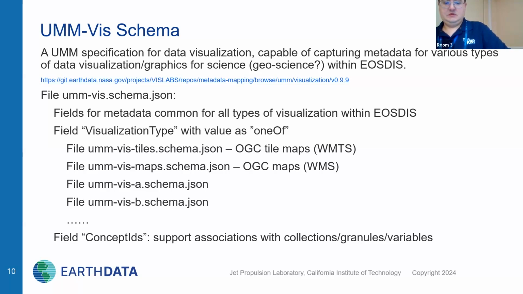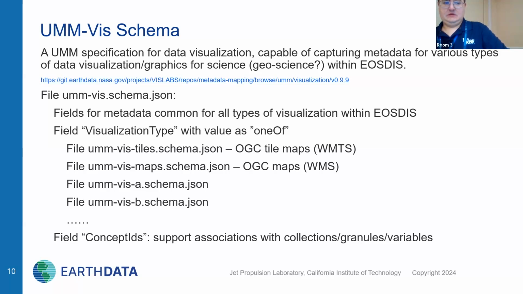And also in this top level, we have a particular field called visualization type. It's defined as one of the data types in a JSON schema, which when a particular subtype is selected, the schema will choose that subtype and load all the metafields related to that particular visualization type.